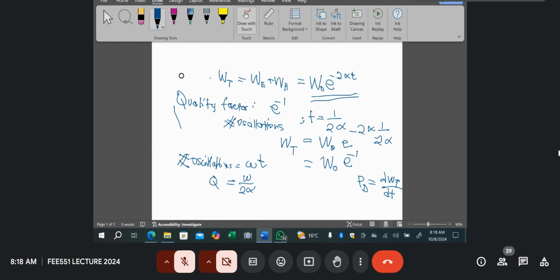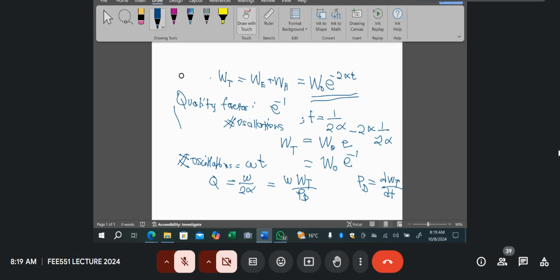So Q would be omega WT over PD. So that's why we have that definition of Q. So Q is equal to omega WT over PD.